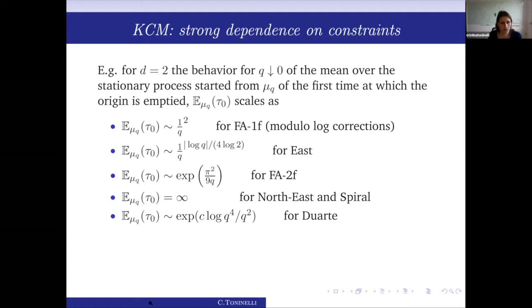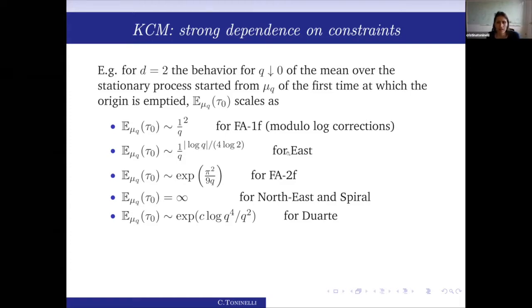So let's just scroll the list. For the model which requires at least one empty site in 2 dimensions, I just reported the results in 2 dimensions. In 2 dimensions, the scaling is 1/q squared, modulo log corrections.